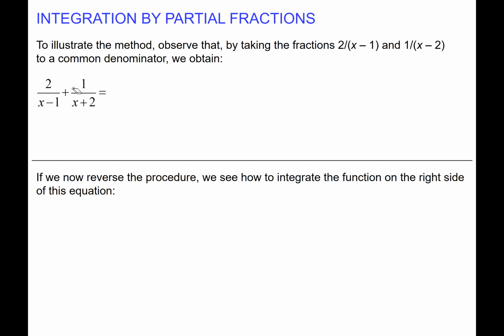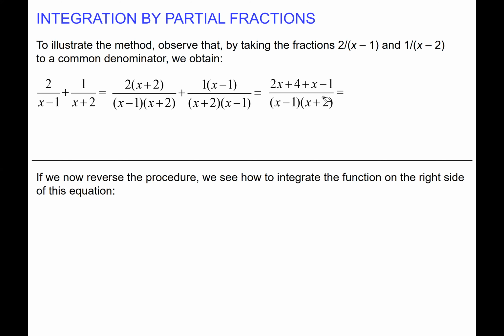But having these 2 fractions, I will try to combine them together, which means I need a common denominator. I will multiply the numerator and denominator of the first fraction by x plus 2, and the same for the second one, multiplying by x minus 1. So we can see we do have a common denominator.